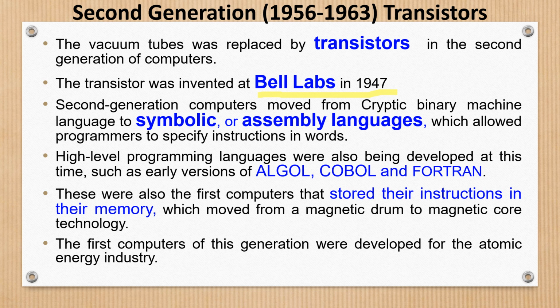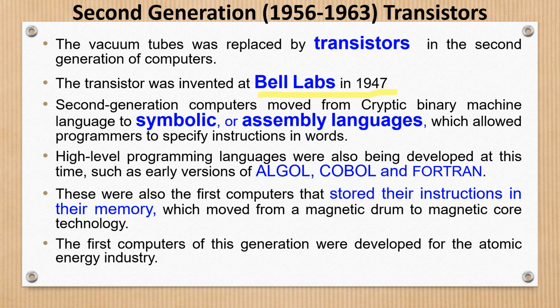So this binary machine language is replaced with the symbolic or assembly language, which allowed the programmer to specify the instructions in words. Like if you want to perform addition, then instead of giving the instructions in 0 1 form, for which you first need to know the 0 1 pattern of add, you just specify ADD.